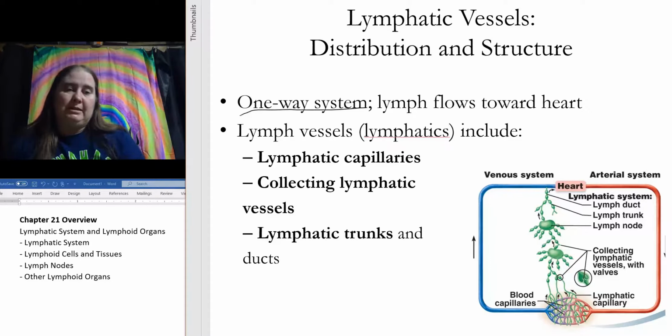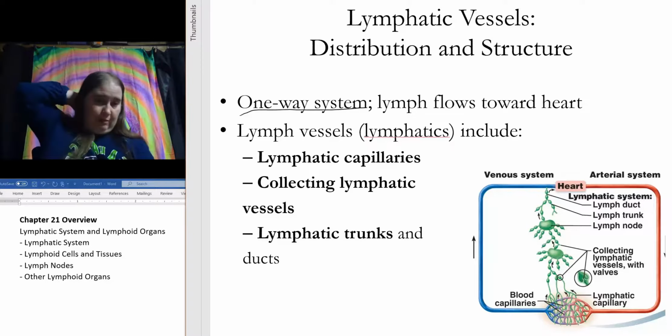We can see that here. We can see that arterial system, which is what we talked about in chapters 18 and 19, more specifically the vessels in chapter 19. Here's our capillary system, which returns the venous blood to the heart. And this green structure here is our lymphatic system.